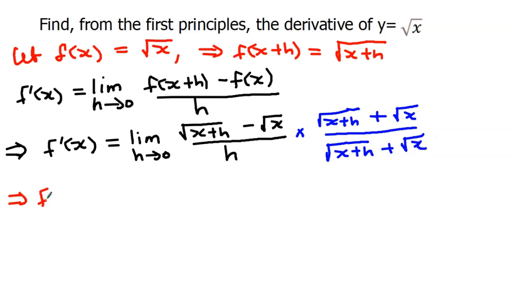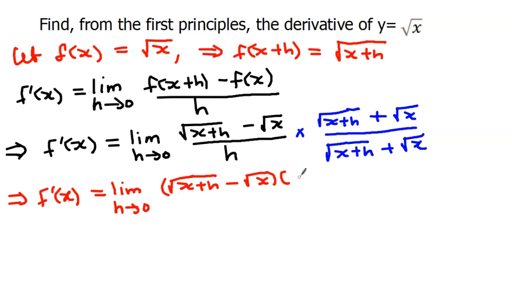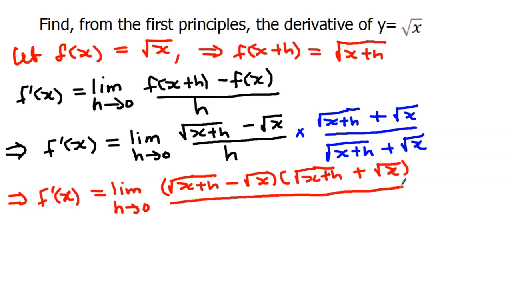This implies that the derivative of f of x is equal to the limit as h tends to 0 of root x plus h minus root x, multiplied by its conjugate, root x plus h plus root x, over h times root x plus h plus root x.